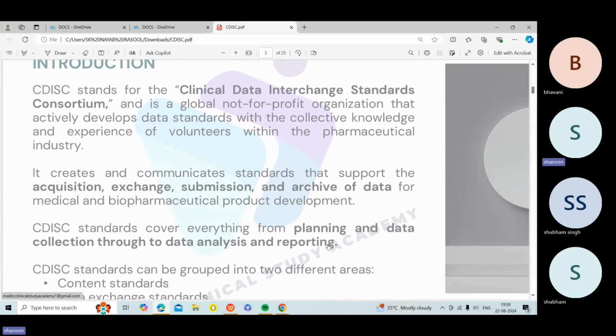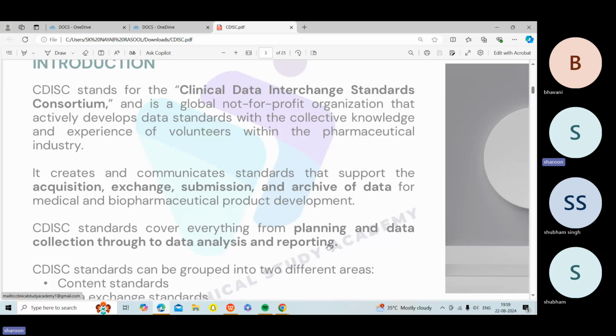CDISC stands for the Clinical Data Interchange Standards Consortium and is a global not-for-profit organization that actively develops data standards with the collective knowledge and experience of volunteers within the pharmaceutical industry.